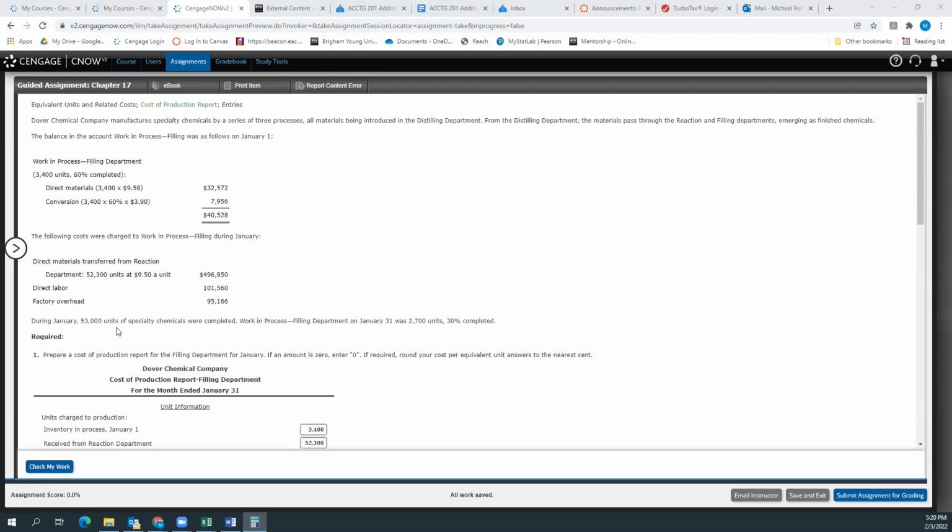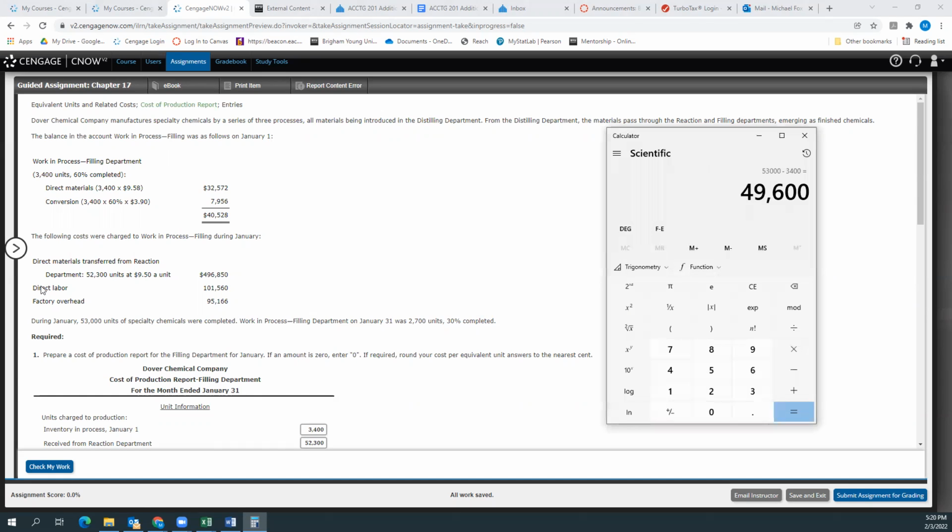53,000 units, so that's the total amount that we completed, and we subtract the number that were already in process at the beginning of the month, that will tell us how many we started and finished during the month. So I took 53,000, the total units completed, minus 3,400, the number of units that were in process at the beginning of the month.